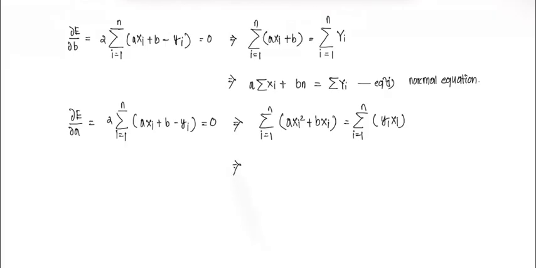So the normal equation is a sum of xi square plus b sum of xi equal to sum of xi yi. Equation 2, the normal equation. Okay.